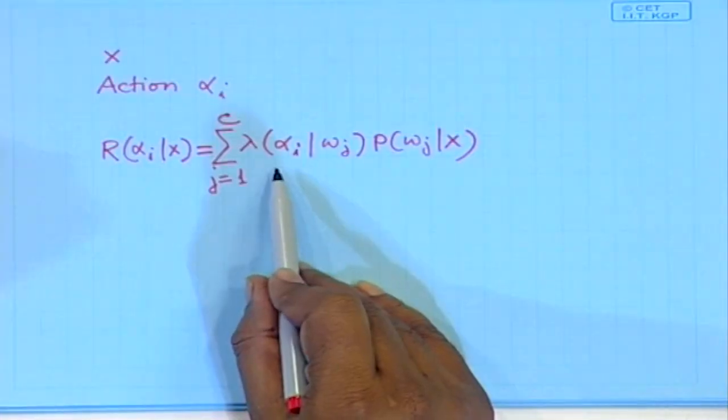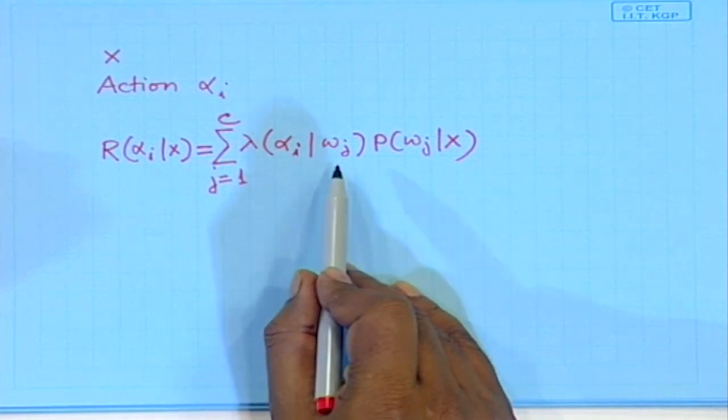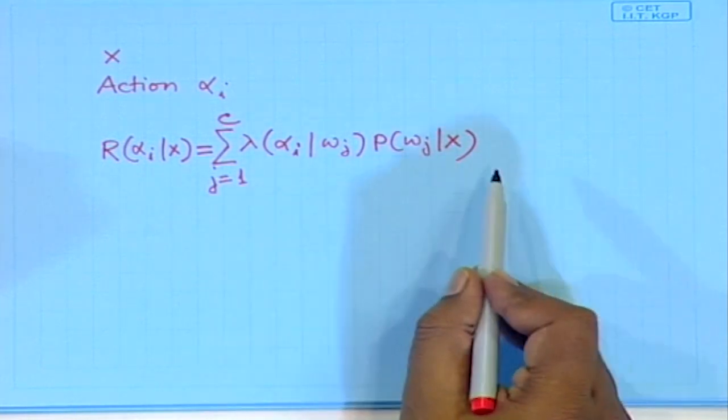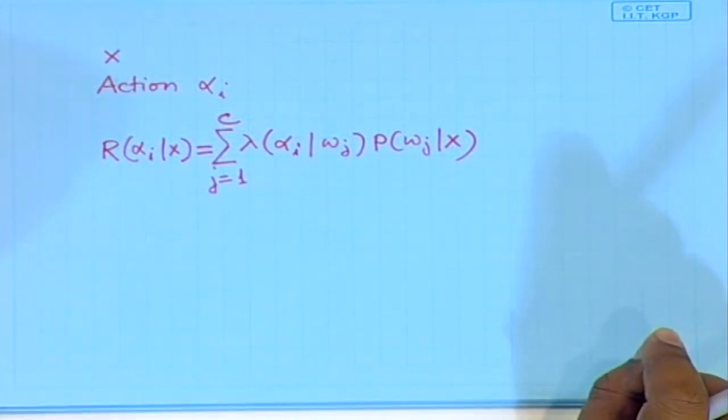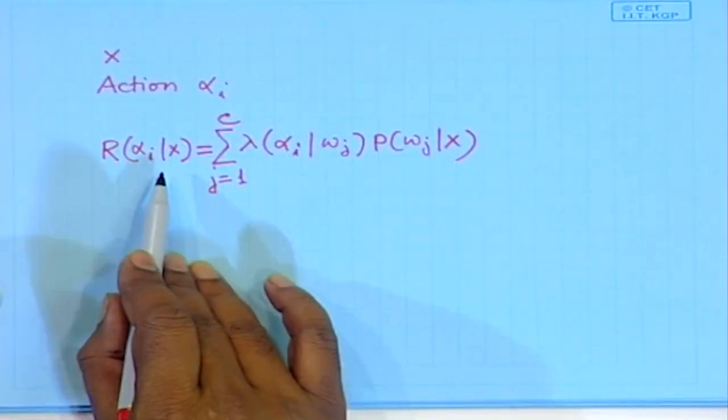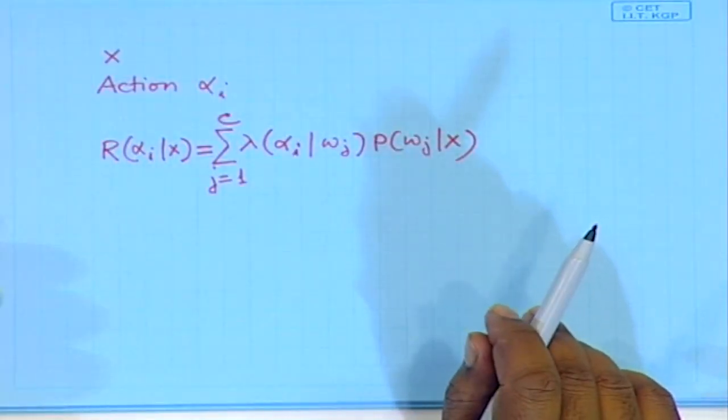So, this is lambda of alpha i given omega j into p of omega j given x, and taking the summation over all the states of nature, that is j equal to 1 to c, gives you the expected loss, which we are calling r of alpha i given x.